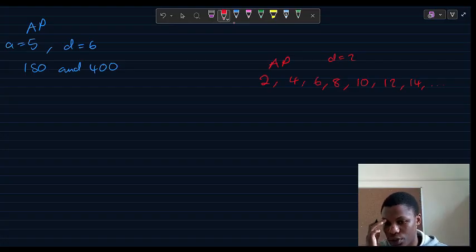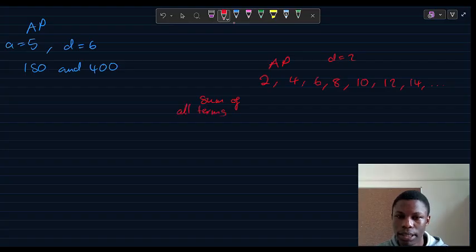And then I asked you to find the sum of all the terms that lie between 5 and 11. Between 5 and 11, the first term that's more than 5 is your 6. The last term that fits within this interval would be 10. So what I'd be asking you to do is to find the sum of 6 plus 8 plus 10, which would be 24 in this case.